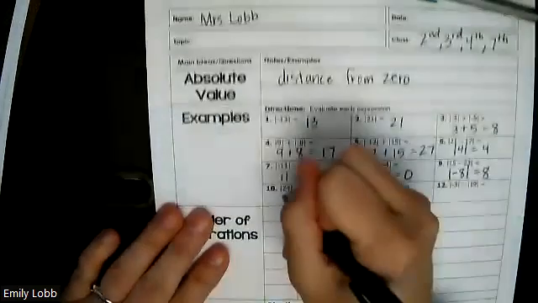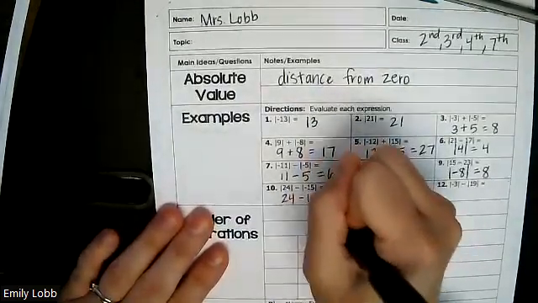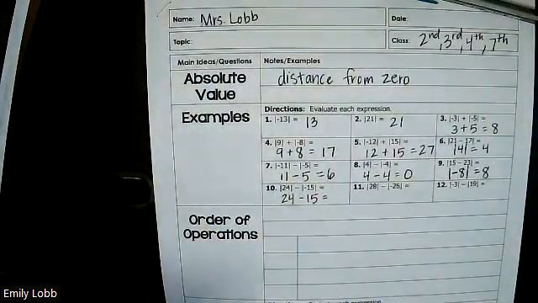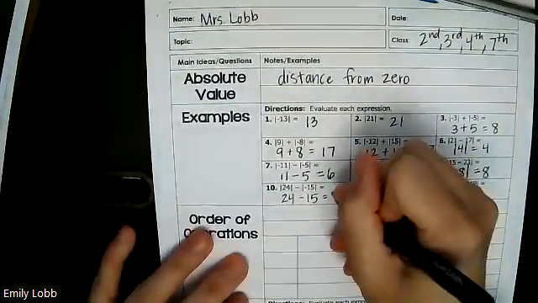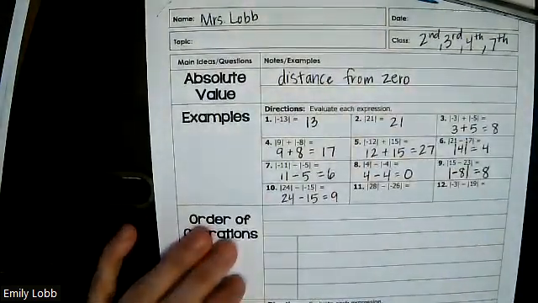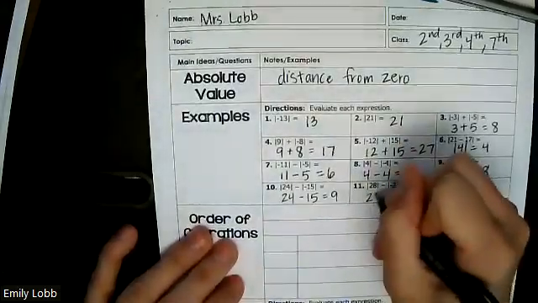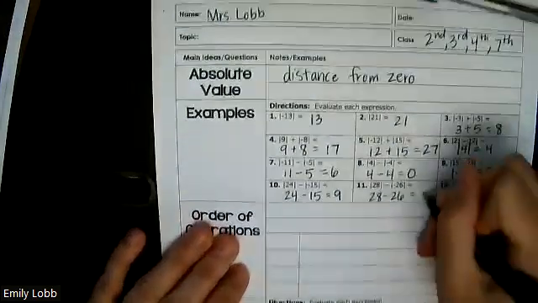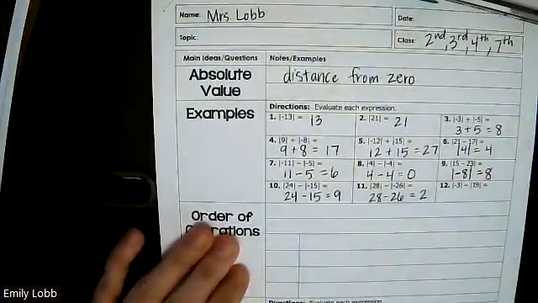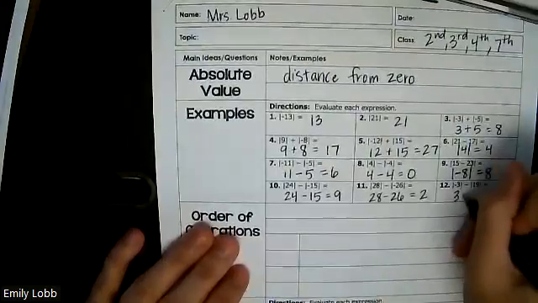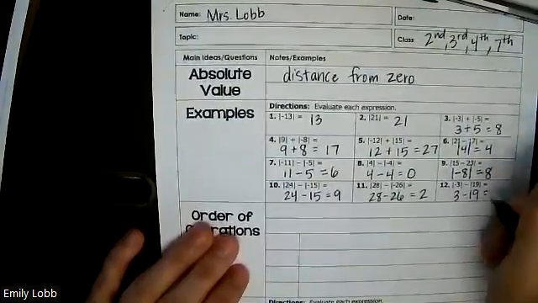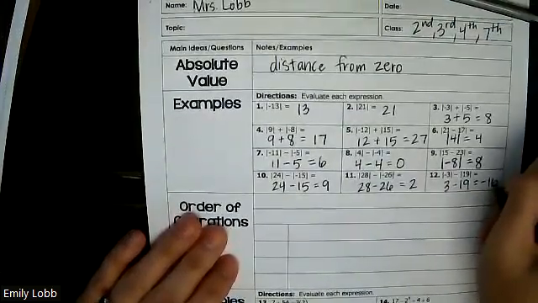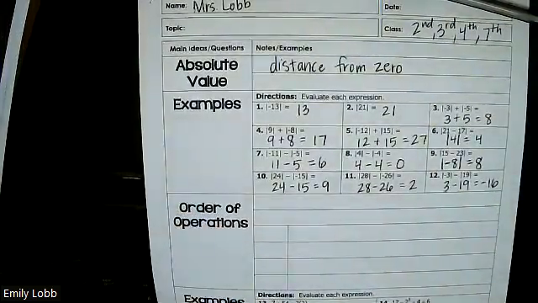So we have 24 minus 15. 9. We have 28 minus 26. 2. And we have 3 minus 19. That's a negative. It is a negative. Good. 19 minus 3 is negative 16.